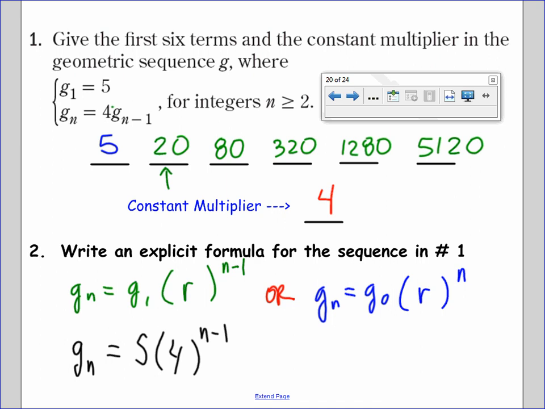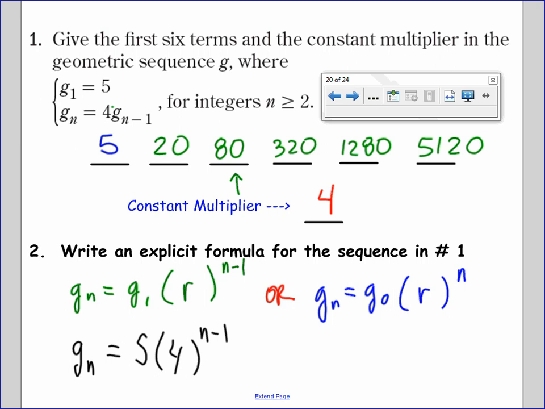So one way to write this would be g sub n equals 5 times 4 to the n minus 1. If I applied this to the third term, I would plug in 3 for n, minus 1 is 2, 4 to the second is 16, and 16 times 5 is 80.